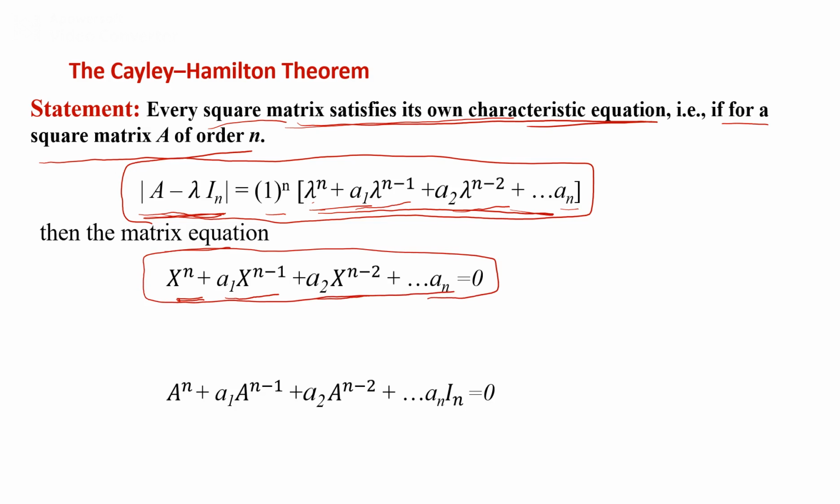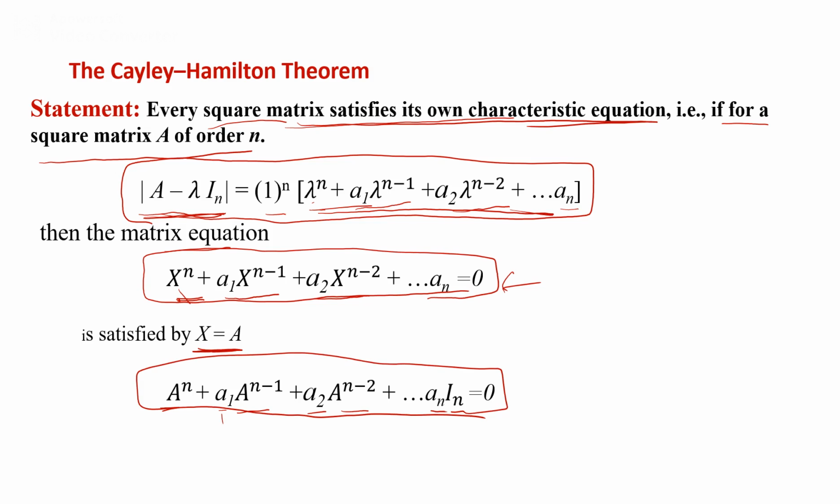This is the characteristic equation for the matrix A. Now it is satisfied if we replace x by A. So we get A^n plus a1 A^(n-1), a2 A^(n-2), and so on, plus an I_n is equal to 0.